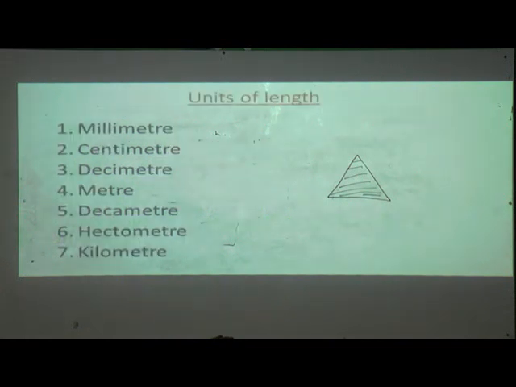See, you know the units of a length? Yes, millimeter, centimeter, decimeter, meter, decameter, hectometer and kilometer. The smallest unit is, yes students, 1 millimeter is the smallest unit.